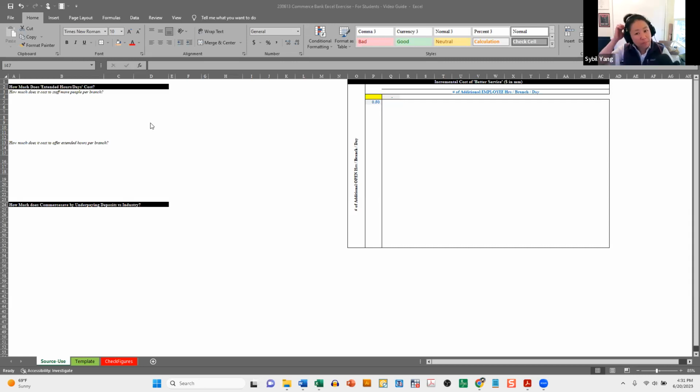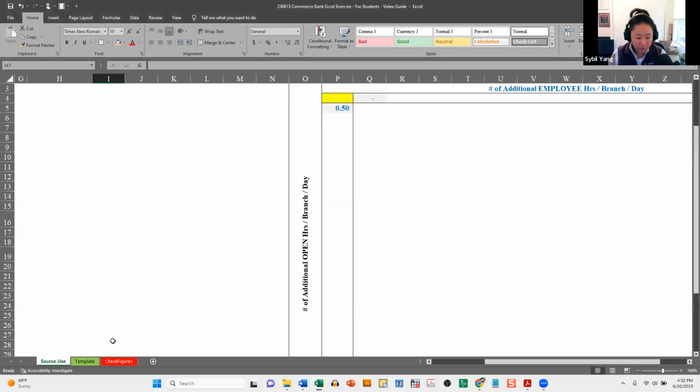We're going to build this as a bottom-up, back of the envelope calculation of how much more staffing and extended hours will cost. Then we'll calculate how much Commerce actually saves by underpaying on deposits, match up the two, and conduct a sensitivity analysis.